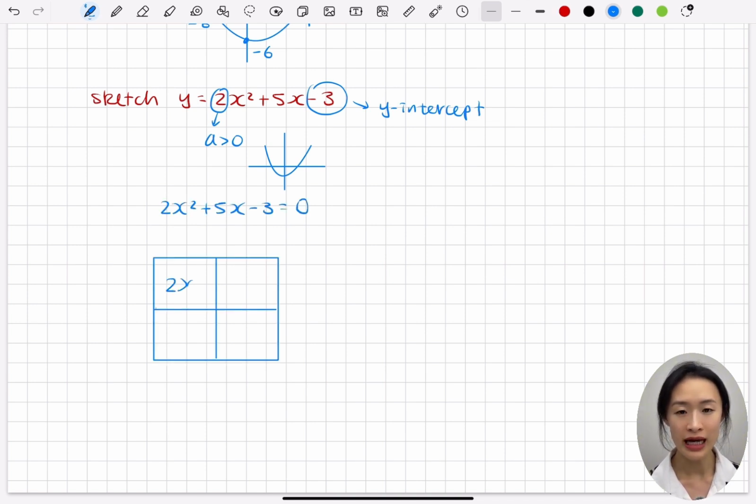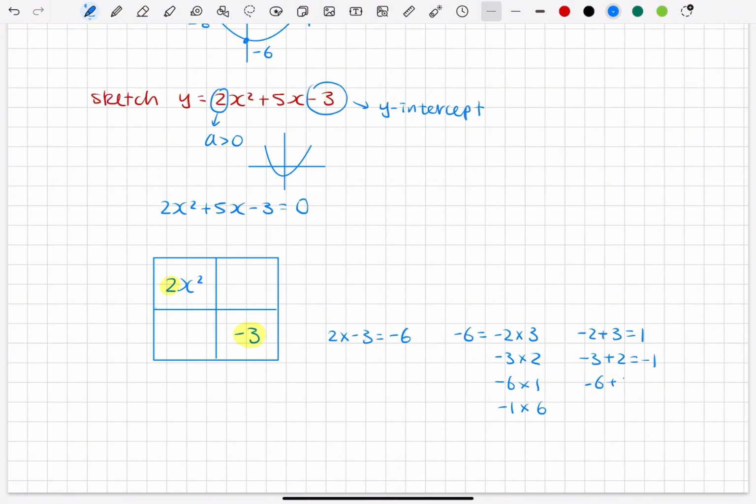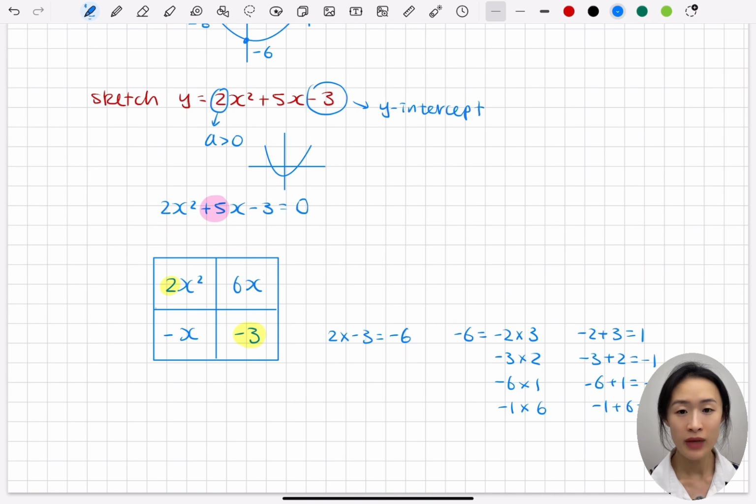We have 2x squared and the negative 3 in the box. 2 times negative 3 is negative 6. Similar to before, I will write down all the combinations that give me negative 6, and I need to find the combination that adds to give me 5. So negative 1 and 6 is the combination I'm looking for. Again, it doesn't matter which box you write it in, we will get the same answer in the end.